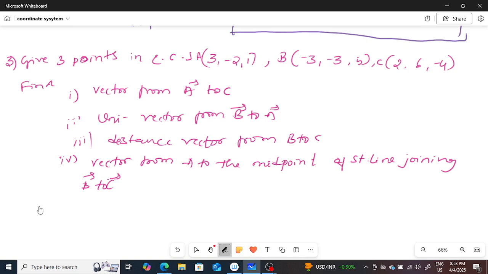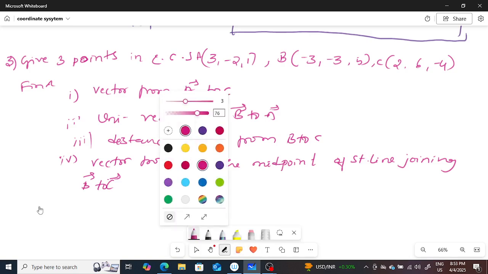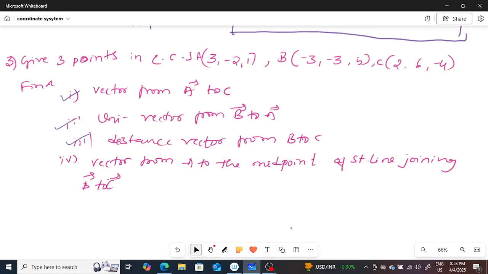Here I am not solving the first 3 points: vector A to C, vector B to A, vector B to C. You can solve those directly. Just find the AC vector, which is C vector minus A vector.